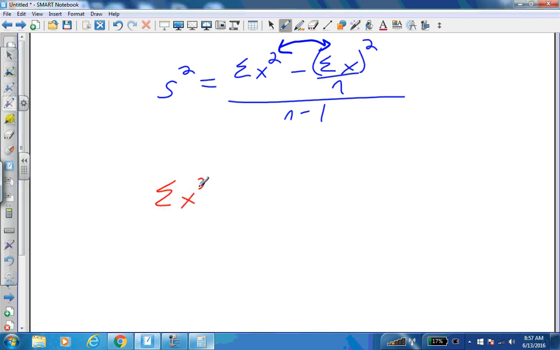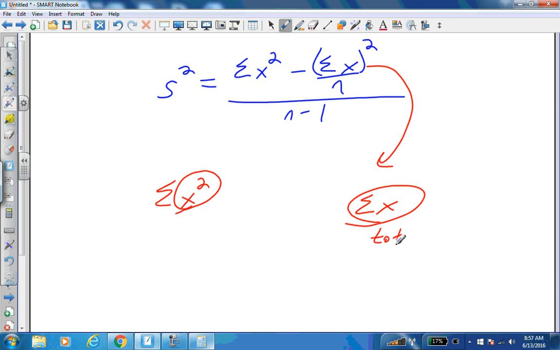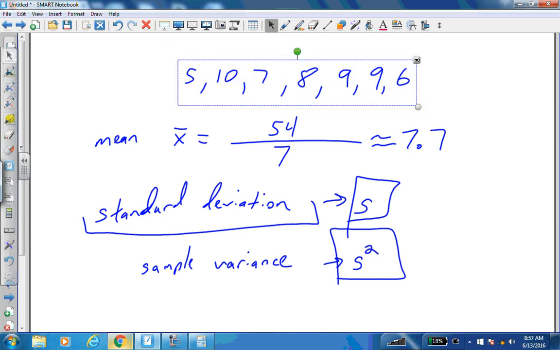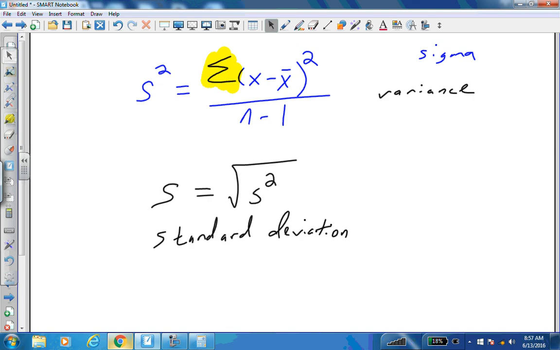The sum of the x squareds means square each data value, then get the total. The square of the sum of the x's means add all the data values, and then square your answer. So again, this one says square each data value, then add those up. So let's illustrate that by doing an example. Let's take this one, copy this data over.